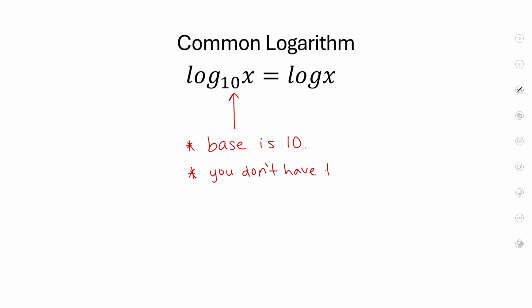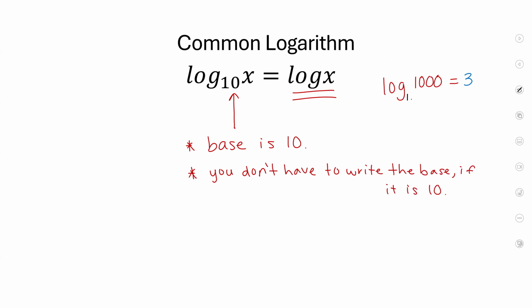For example, let's say I have log of 1,000. What would the answer be? The answer is 3, because you can imagine a 10 right here. 10 to the power of 3 is 1,000, because 10 times 10 times 10 is 1,000. We did it 3 times, so that's to the power of 3.